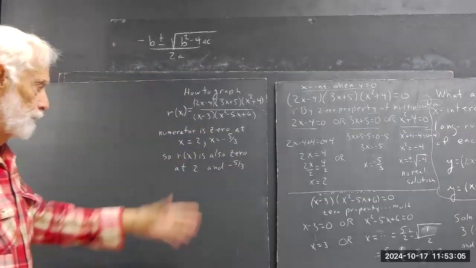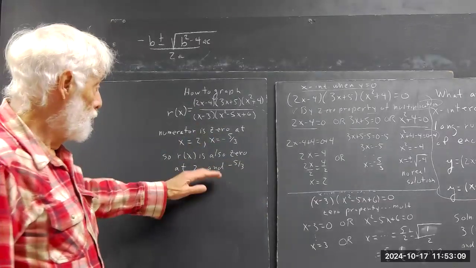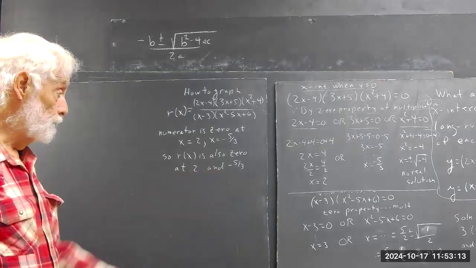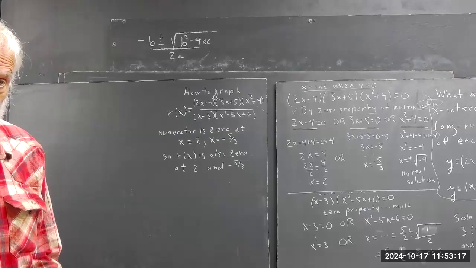So R of X is also 0. I could have said X equals 2 and X equals -5/3, but that's implicit from the way I wrote it before. So R of X is also 0 at these two values.